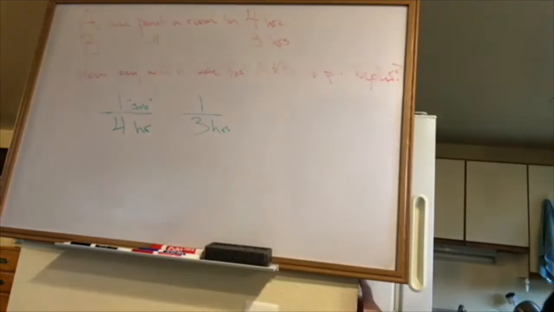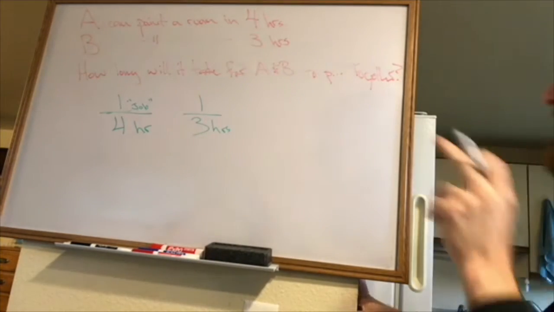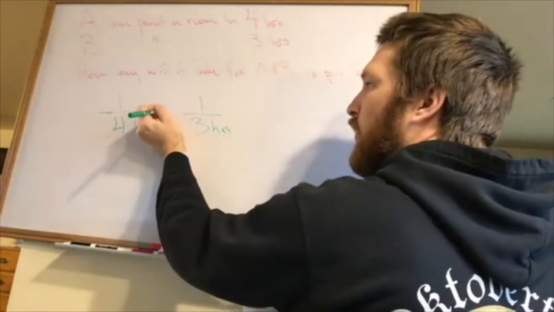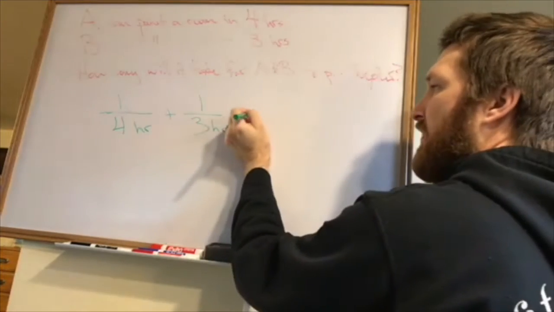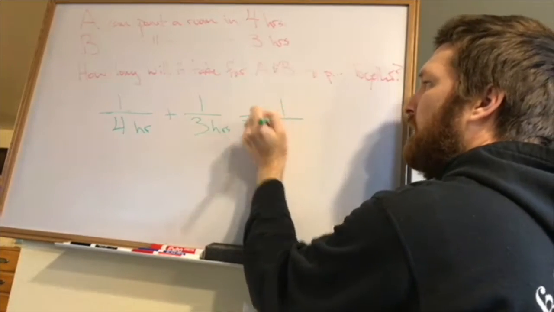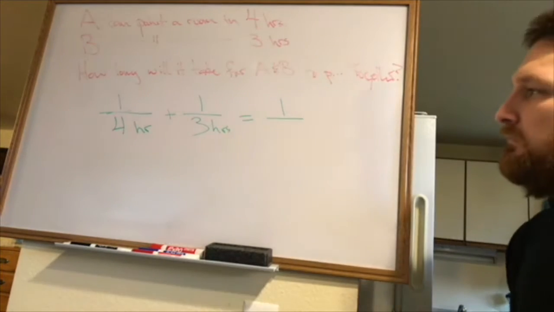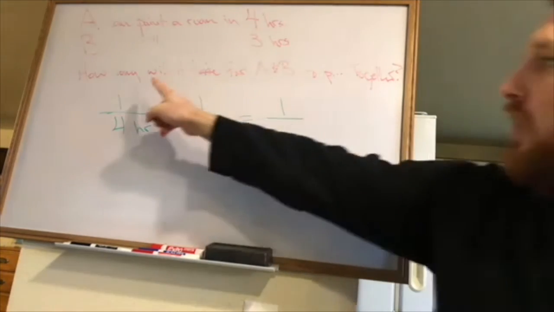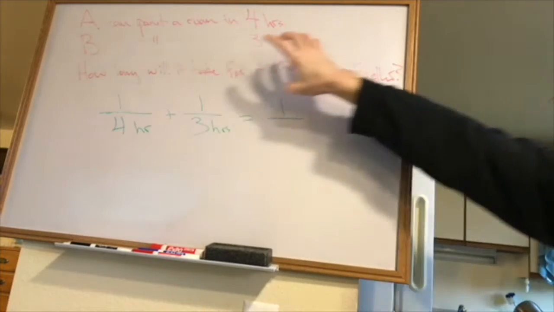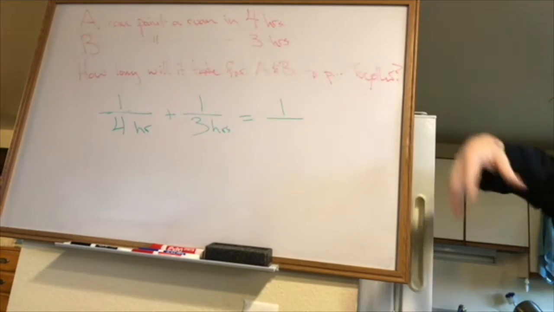And the question is, how long will it take for them to do it together? And so what we're going to do here is just say, well, since rates are additive, right? If they're working together, then the new rate will be this. Now, here's the thing. This question is asking us to find some number.